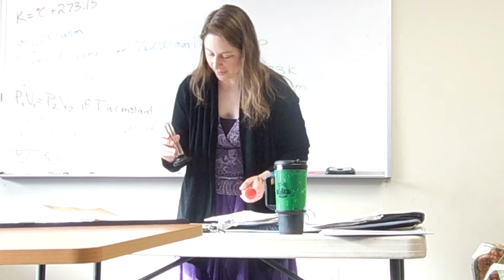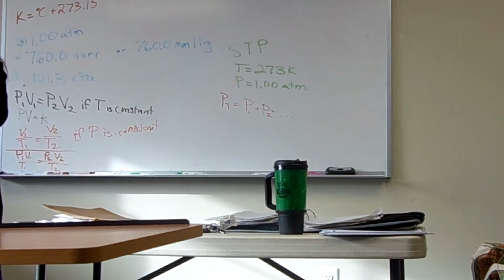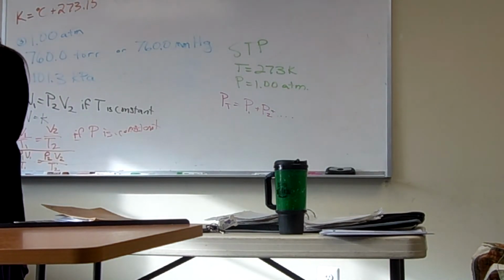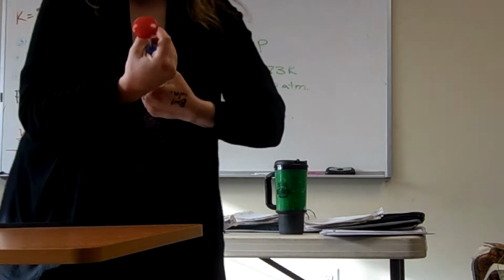Yeah, I did it the smart way this time. Okay. Once I get it closed, it's greased in there, so it shouldn't allow any air out or any air in. So the volume of gas in there is constant, right?